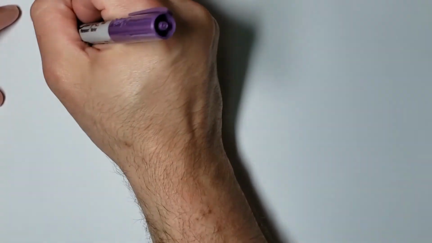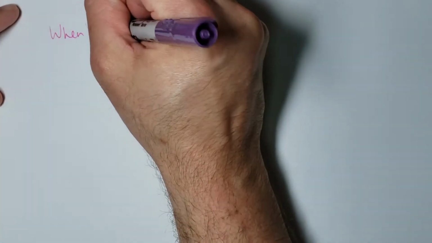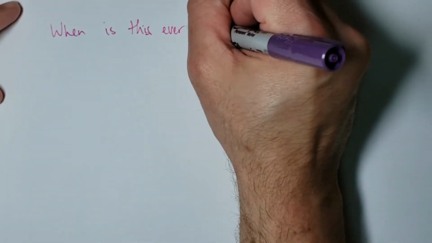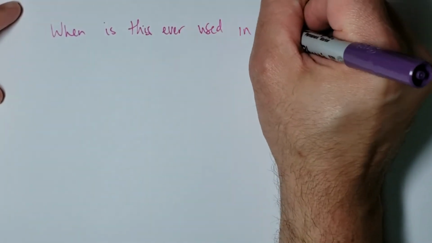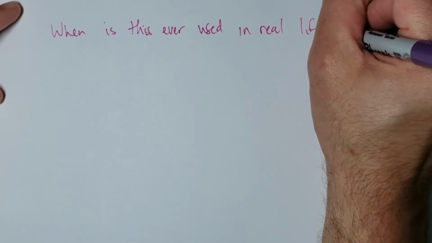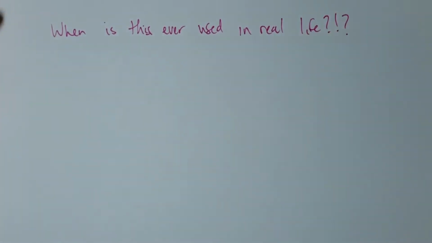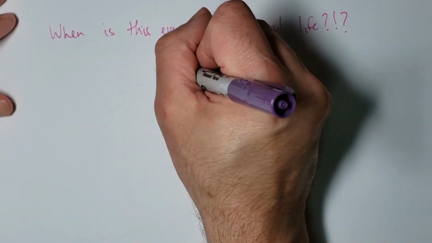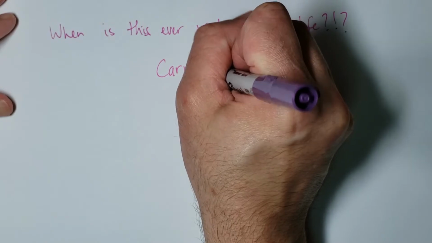All right, so we've been doing graphing trig functions for a while, and you're probably thinking, when is this ever used in real life? Well, how many of you have ever heard of a carnival?